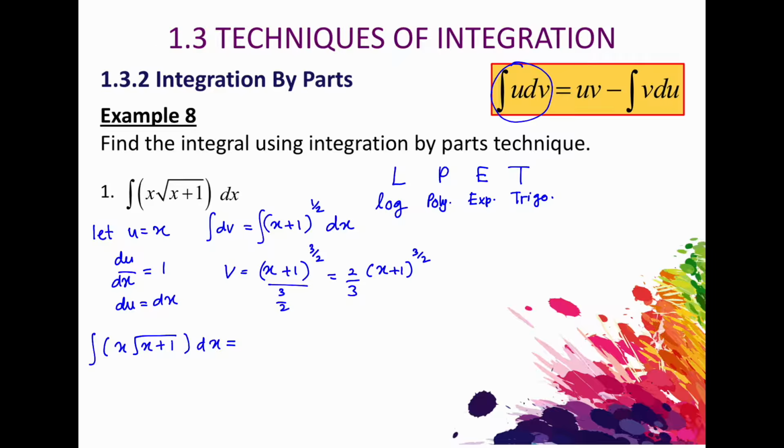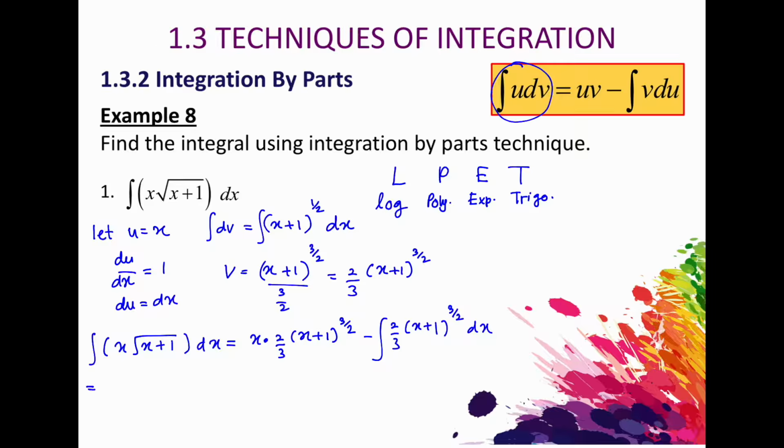So first we take u and v, we get u times 2/3 times (x+1) to the power of 3/2, minus the integration of v du. So v is 2/3 times (x+1) to the power of 3/2, and du is equal to dx.